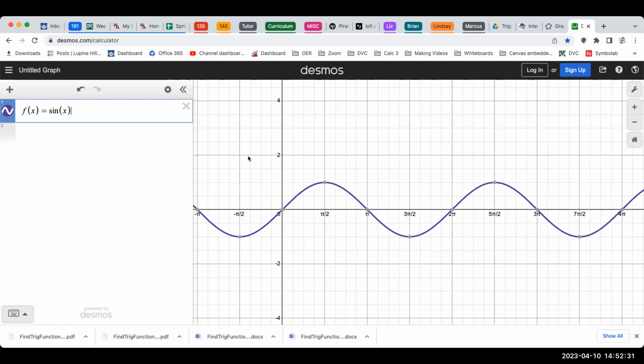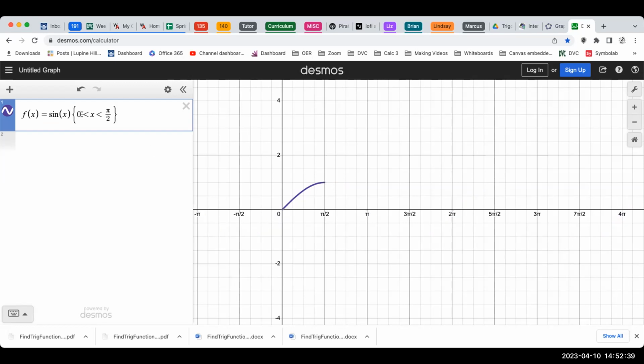So what can I do instead? If I restrict it from negative pi over 2 to pi over 2, now does it pass the horizontal line test? Yes, and it uses all the y values of my range from -1 to 1, right? But what do I mean by the textbooks use the following?